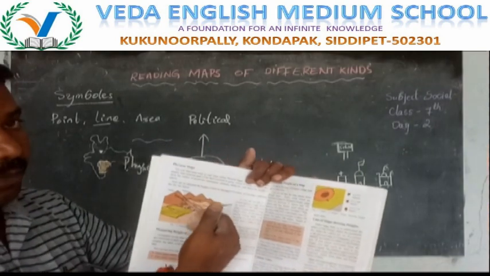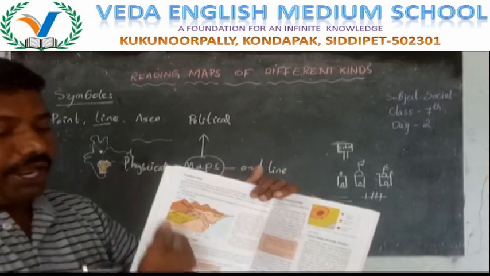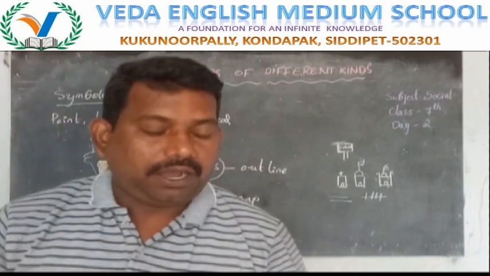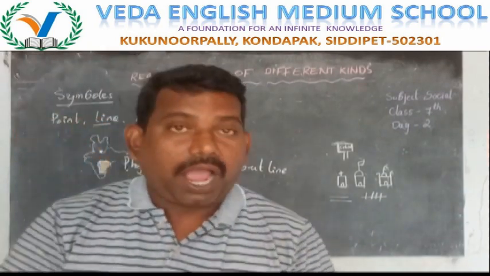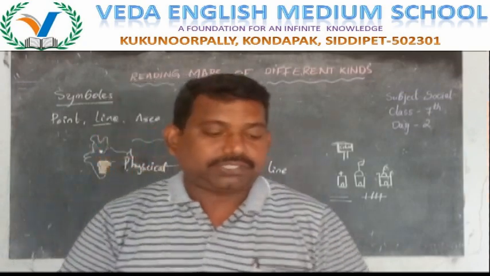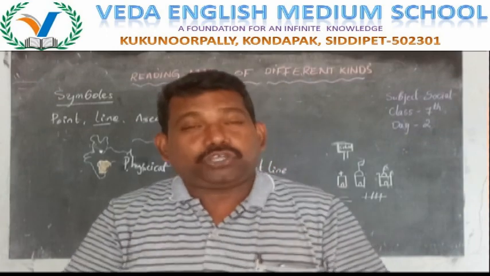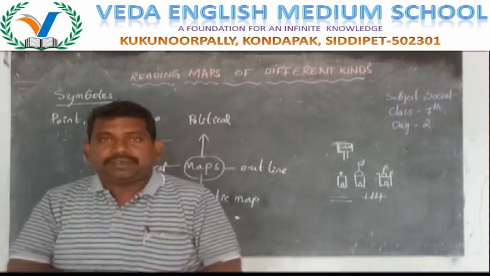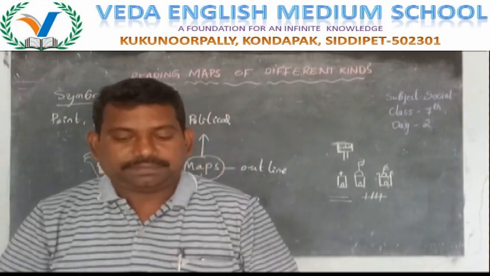Pictures hide the places behind the mountains or hills, whereas maps don't hide the places which are behind them. They show all the things. Maps show all the things without hiding any places.